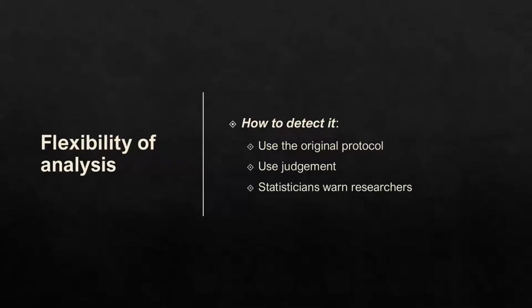If you don't have the protocol, you could compare the planned analyses with those reported. Well, that's if you do have the protocol, because they would state up front what analyses were planned, what the outcome variables were, what the exposure variables were, and what the hypotheses were. But you as a reviewer will have to just exercise good judgment to detect the problem.